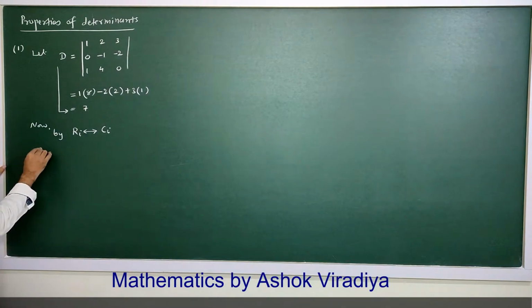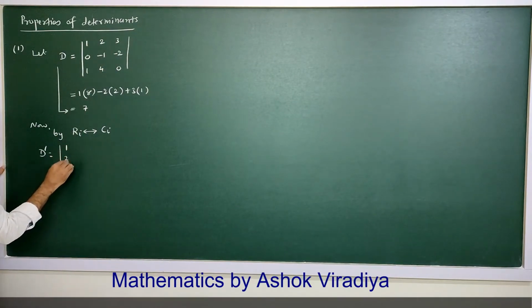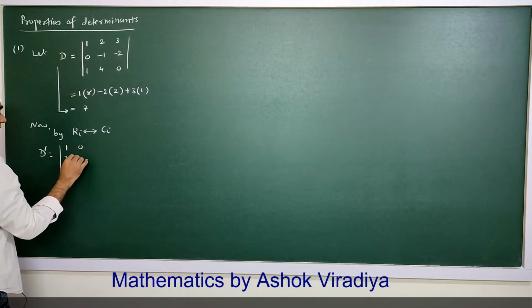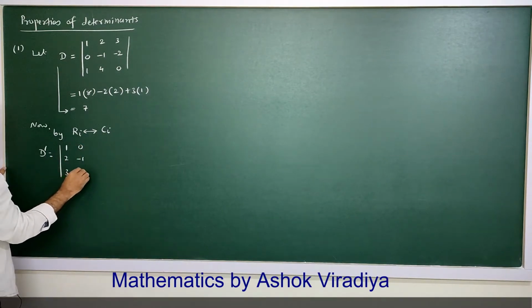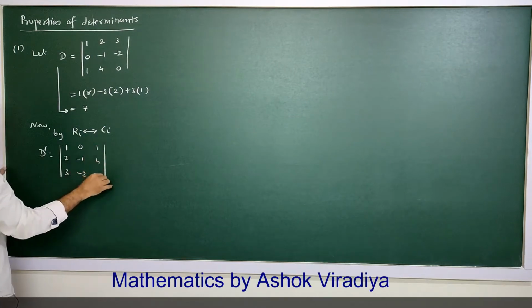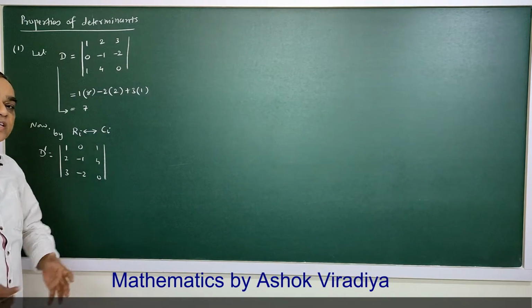We get new determinant D dash: first row is now first column, second row is second column, third row is third column.